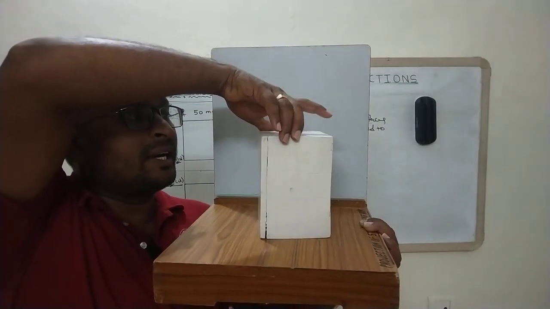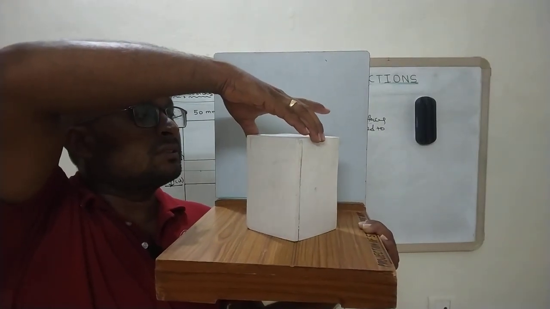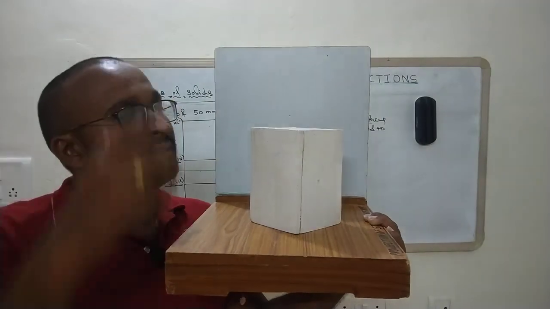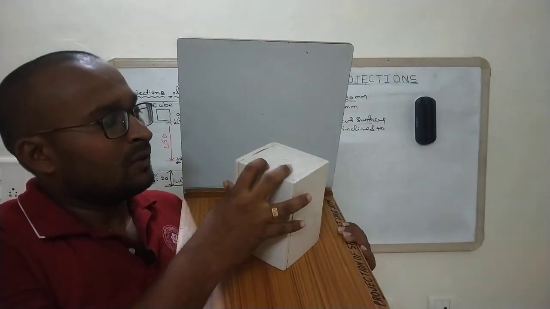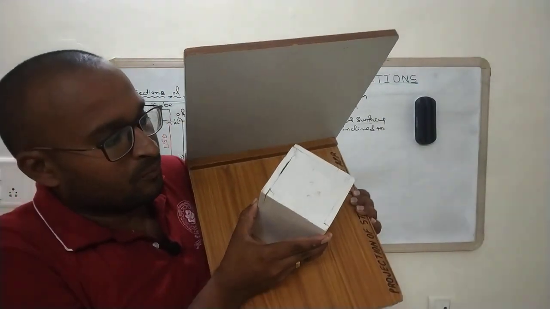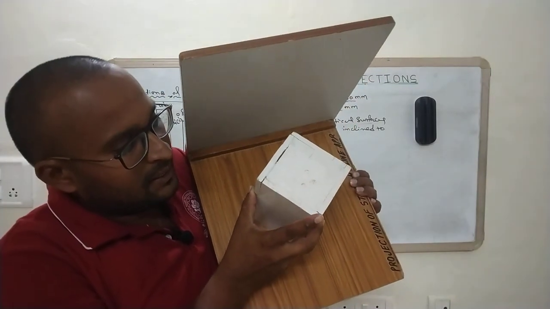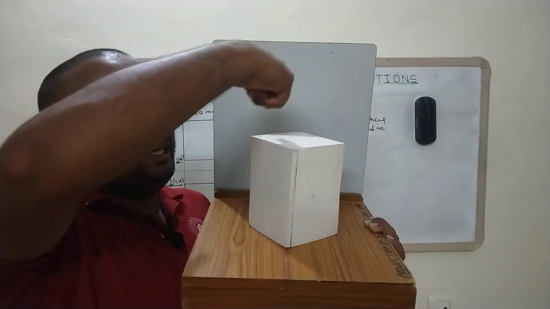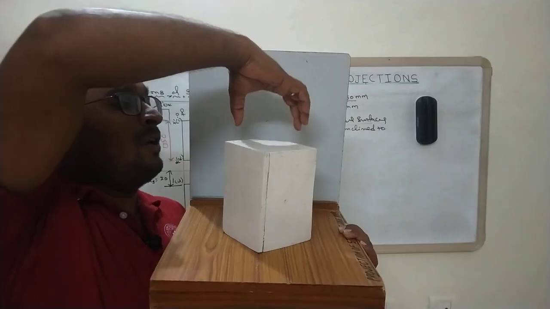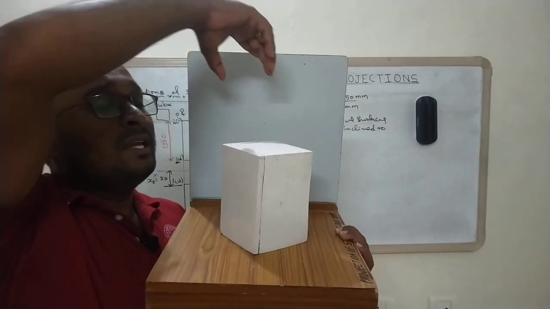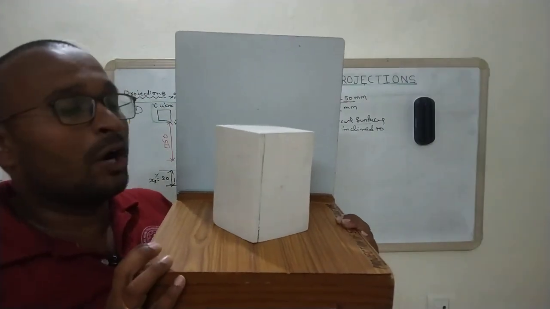Now I am going to rotate this towards the left side or right side like this. Now you can see, when we see from the top view, how will it look like? All the edges, all the rectangular surfaces are going to be equally inclined at an angle of 45 degrees.